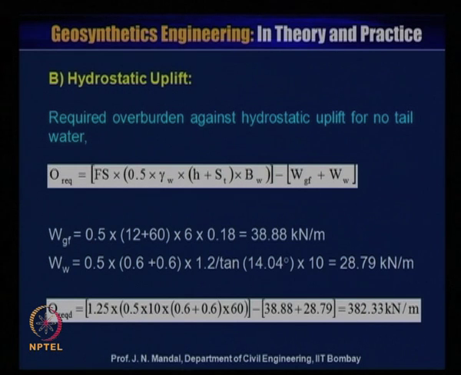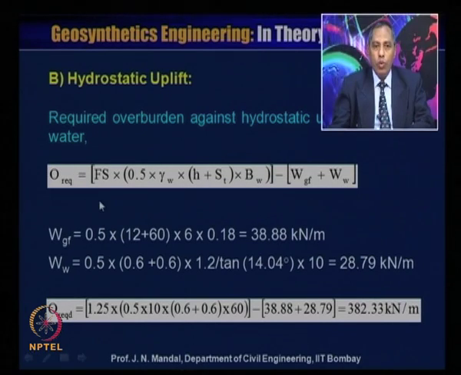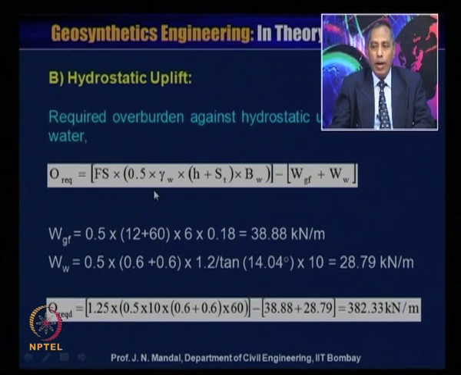Next, B, hydrostatic uplift: the required overburden against the hydrostatic uplift for no tailwater. This is the equation: O required is equal to Fs into 0.5 into gamma W into H plus St, into Bw, minus Wgf plus Ww.